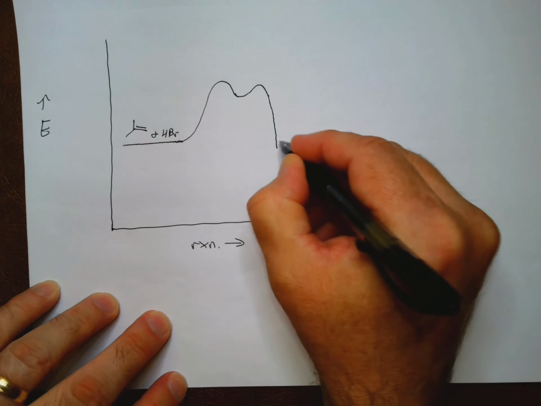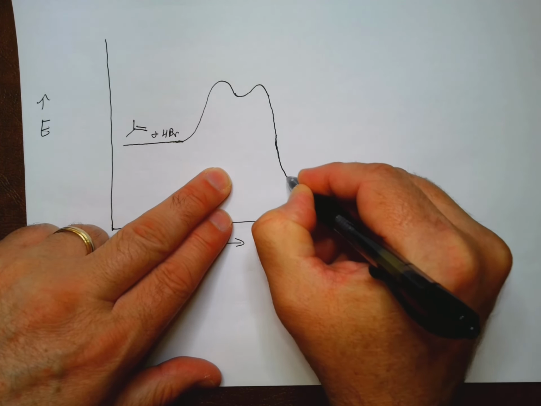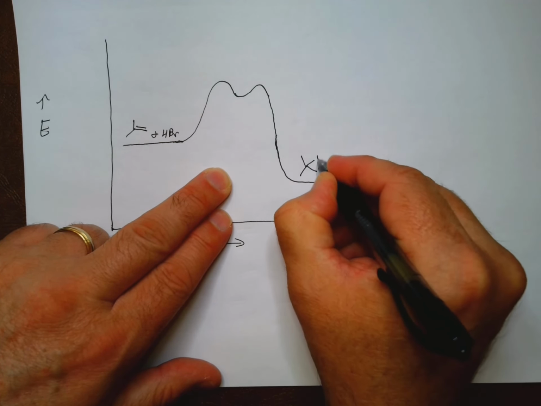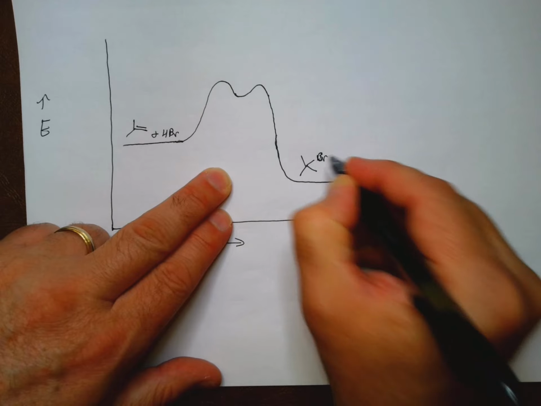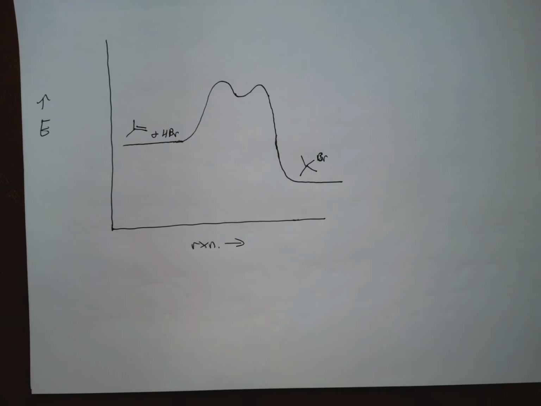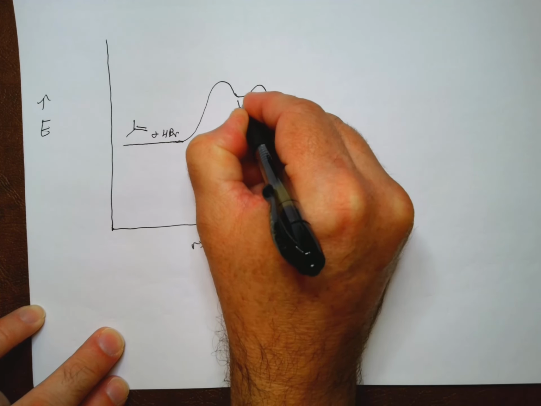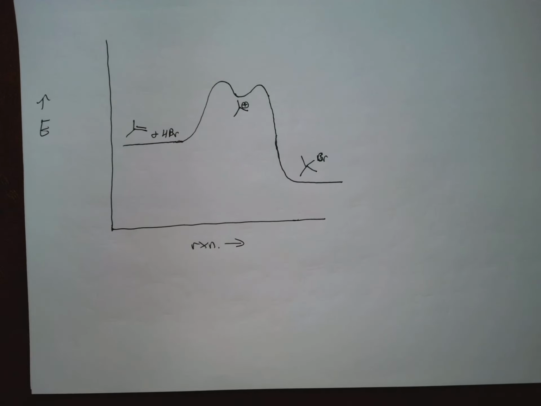This is basically figure 7.9. Now I'm going to add in what the energy would look like for the other one. This is our carbocation like that.